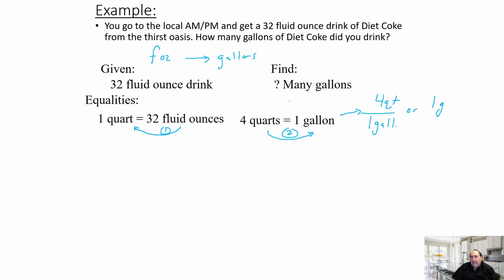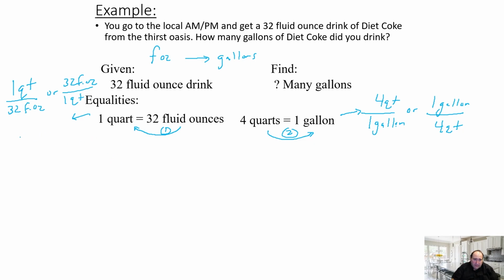Our 1 gallon is 4 quarts. For our equality over here, we can have two conversion factors of 1 quart is 32 fluid ounces. Our 32 fluid ounces is 1 quart.